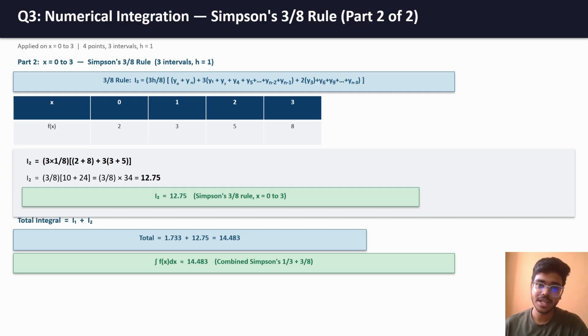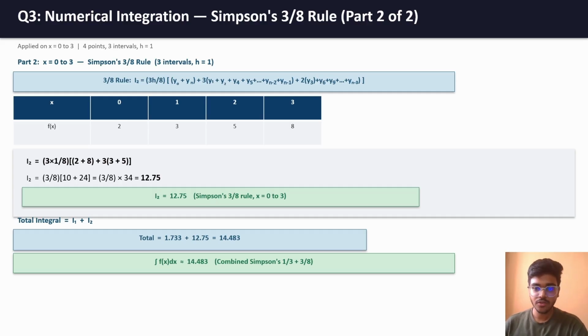Here we will multiply our h with 3/8, add the first term and last term, plus we'll multiply every term which does not come in the table of 3 with 3, plus multiply every term which comes in the table of 3 with 2. Okay, so now substituting all the values in this formula, and by solving this equation, we will get 12.75 as the value of our second subinterval.